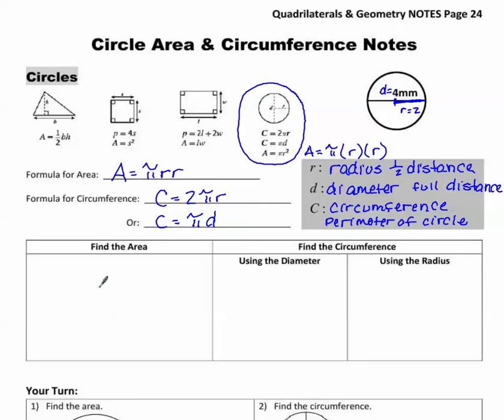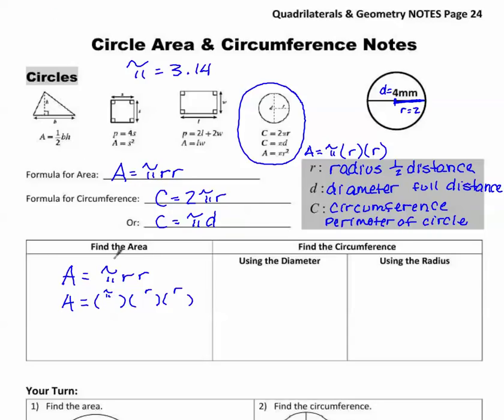So let's write down the formula for the area. So we have A equals pi times r times r, and the radius is halfway across the circle, so in this case the radius is 2. So we have A equals pi, we're going to leave a space for that. Then we have an r times an r. Now we know from our previous activity that pi equals 3.14, and it's also on your formula sheet.